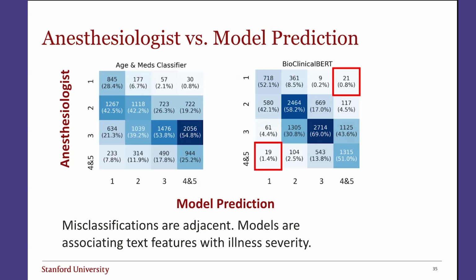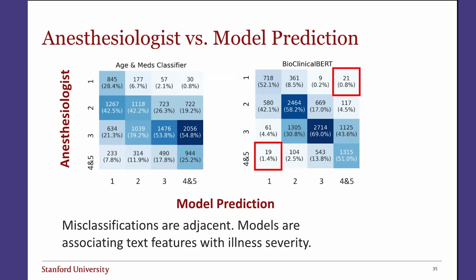So you'll see that in bioclinical BERT, if the model is making a mistake, it's making a misclassification to an adjacent ASA class. And this suggests to me that the model has learned something about the text descriptions of the patient and is not making huge errors. The models are appropriately associating the text features with illness severity.